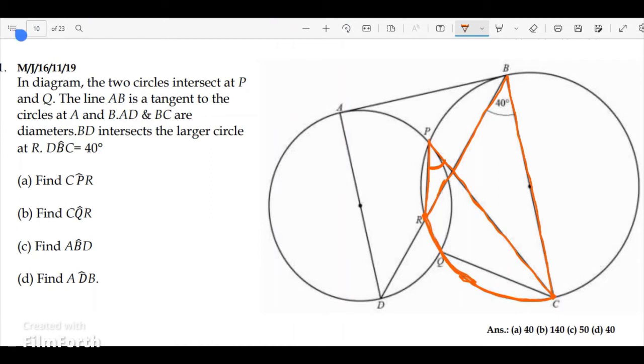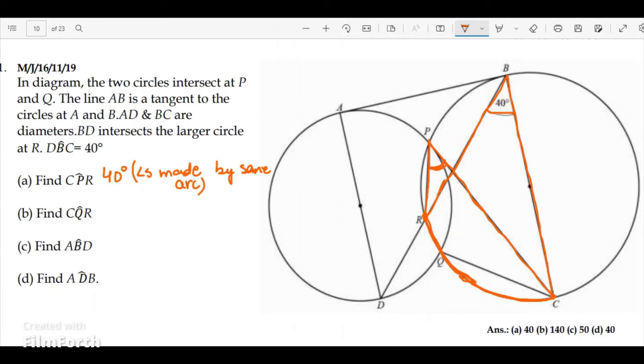And hence these angles would be equal. So if this is 40 degrees, this would be 40 degrees as well. So CPR would be 40 degrees. Why? Because these angles are made by the same arc. That's that.